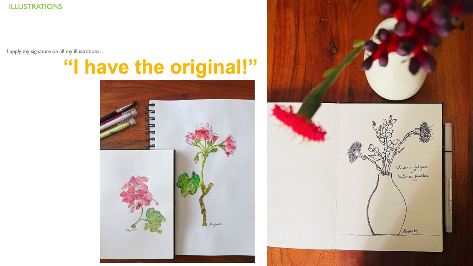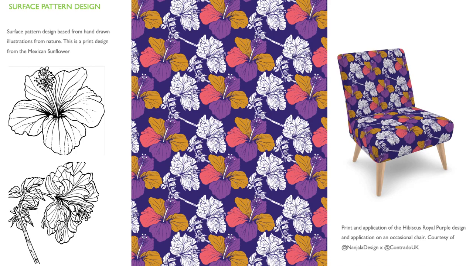So here are just some of the instances where I do protect my work, right? These are just illustrations that I have, and I'll save them. I even have the sketches. I have the final digital file. And of course, in websites where I upload my work, I always make sure that my name is there, right?